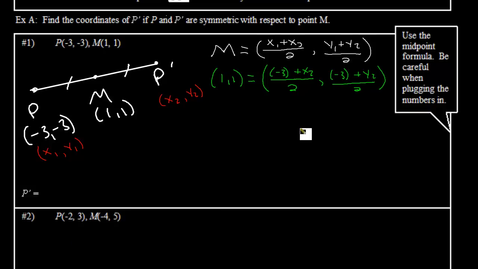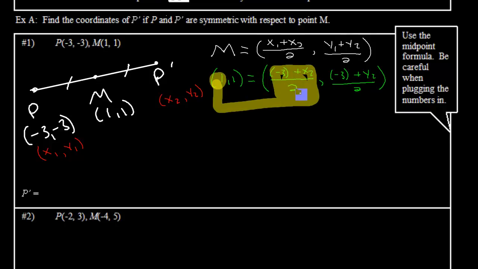So we have this equation, we have two variables. We actually have two equations here. We have that 1 is equal to this fraction, and we also have that this 1 is equal to this fraction. This 1 represents the x value of the midpoint. This -3 plus x divided by 2 represents the x value of the midpoint.